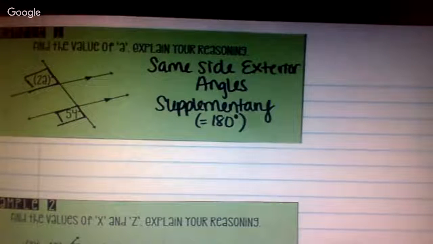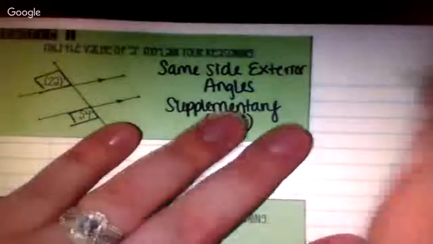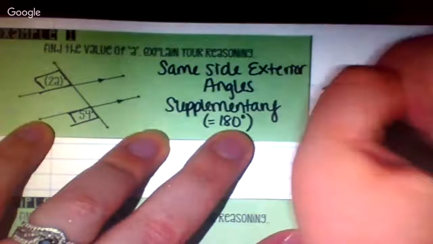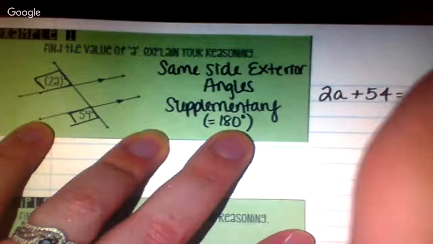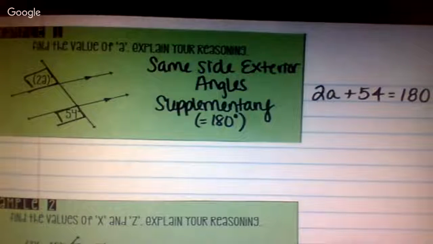So when we set this up, 2A plus 54 equals 180. Remember, when they're equal to 180, you need to add them together and set them equal to 180.